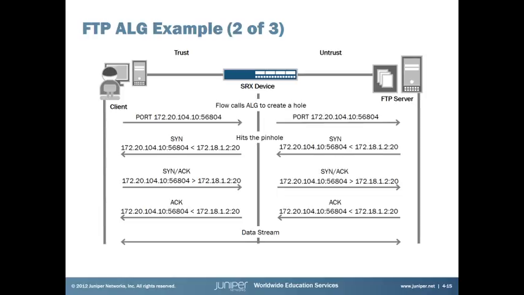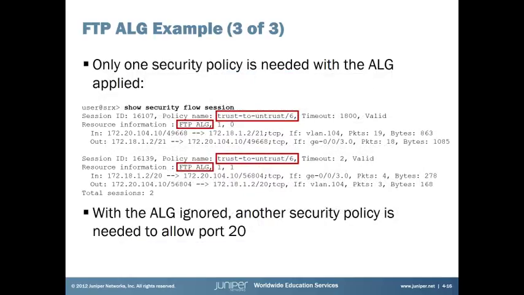That's what the application layer gateway does for us. It opens up a pinhole, it's called a pinhole, on port 20. So if we take a look at the session that we have created, we actually have got this FTP session here, and we've got return traffic happening on port 21, but then we've also got port 20 open as well for return traffic on 20.